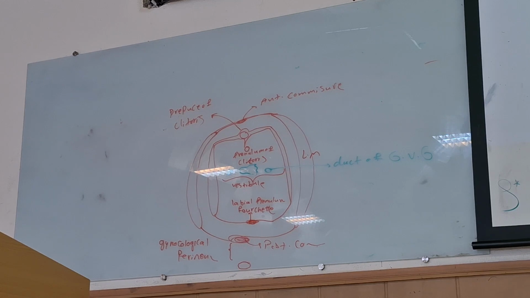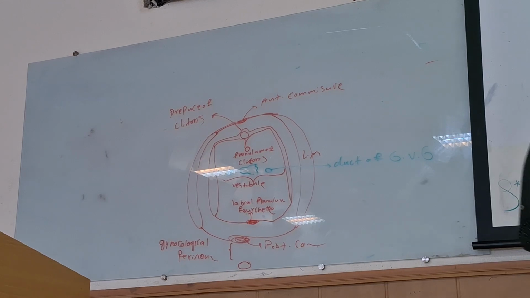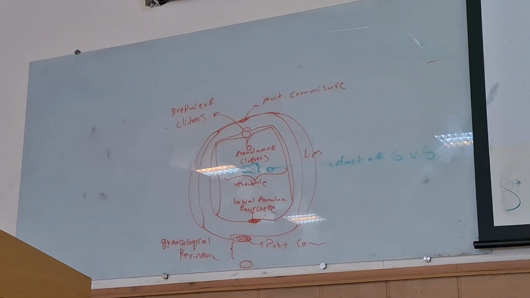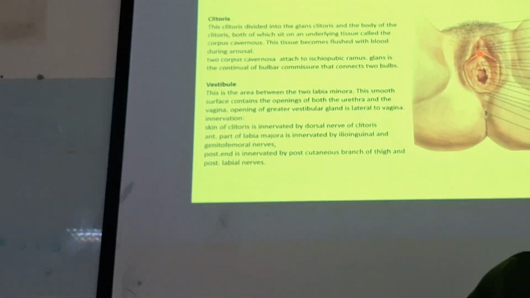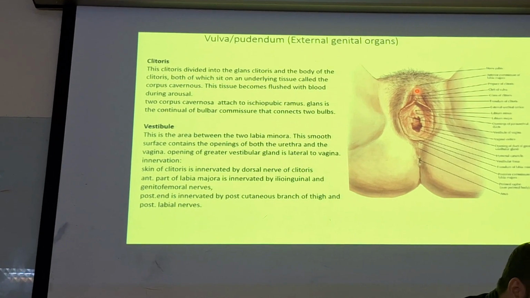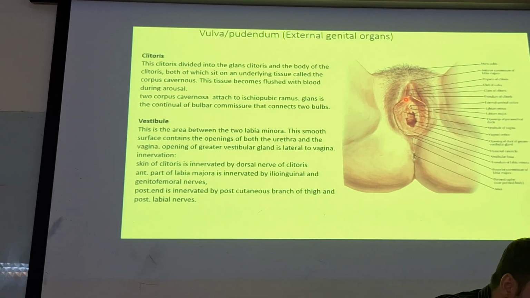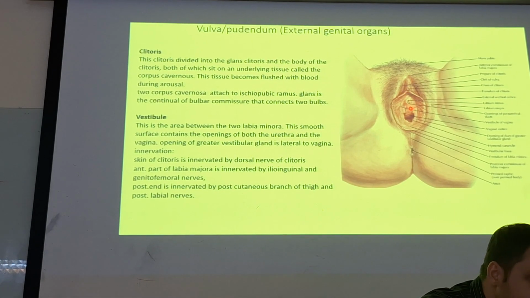So, this was the external genitalia. Also, look at this slide of the external genitalia. Mons pubis, after mons pubis here is the clitoris. Clitoris superiorly is covered by the prepuce, inferiorly is covered by the frenulum of the clitoris.